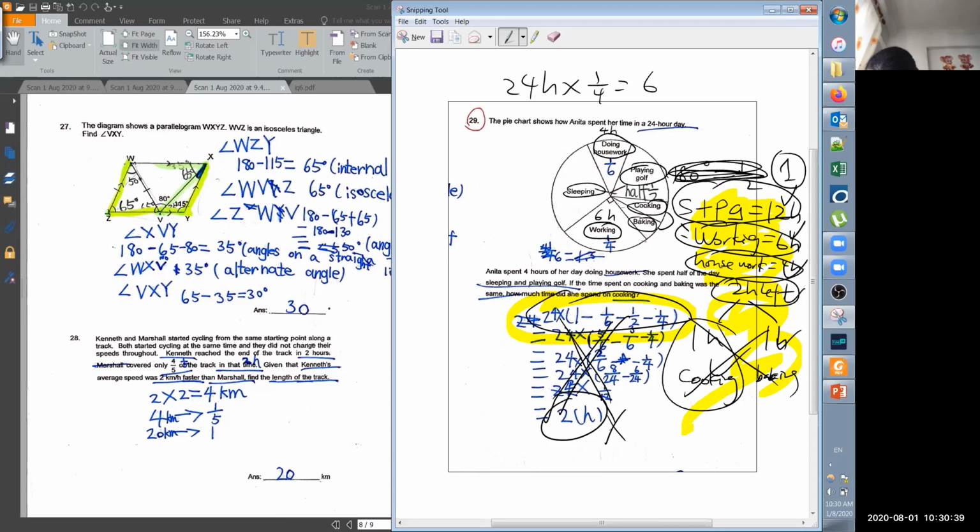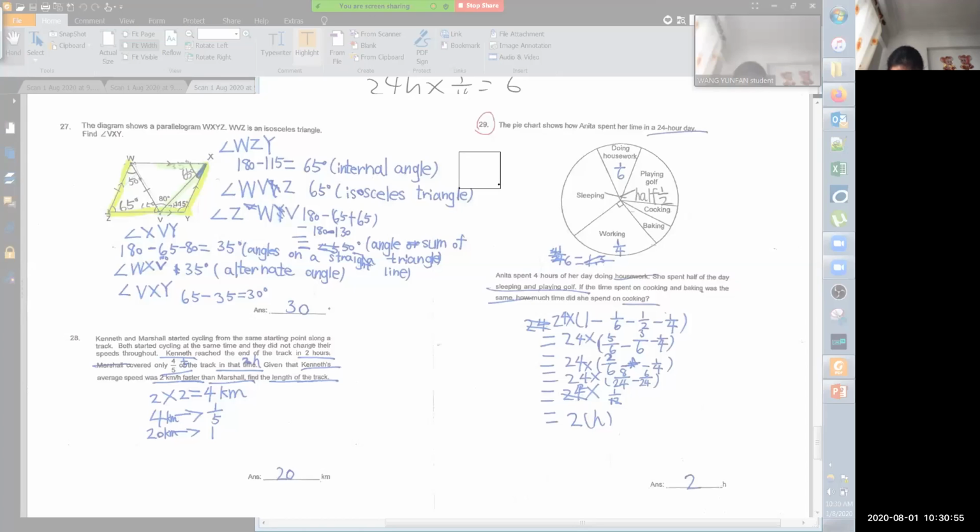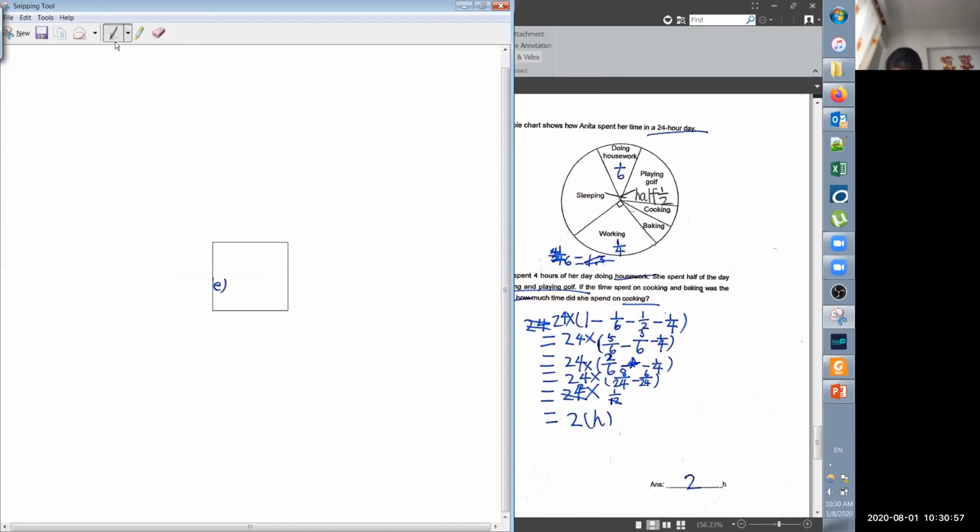1 mark is very important in math because you want your math to bring up your English, right? We talked about it last time, right? Let's say your math is 70, and your English, maybe you get 60.